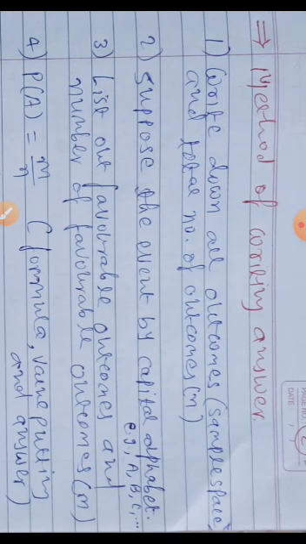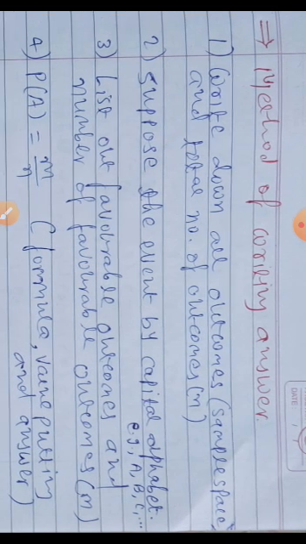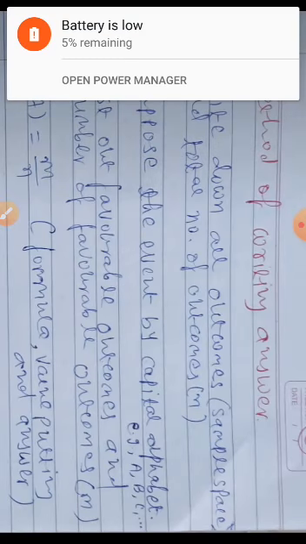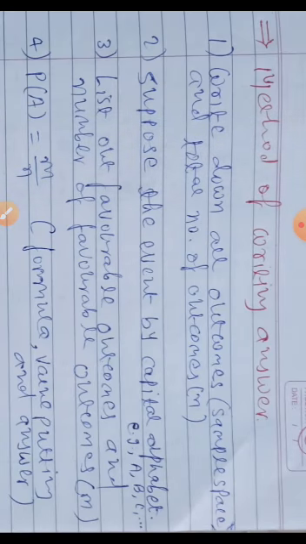First of all, write down all outcomes, meaning the sample space, and the total number of outcomes. Suppose you are talking about one die, then there are 1 2 3 4 5 6 results. Write down all outcomes in curly bracket, and total number of outcomes equals 6.